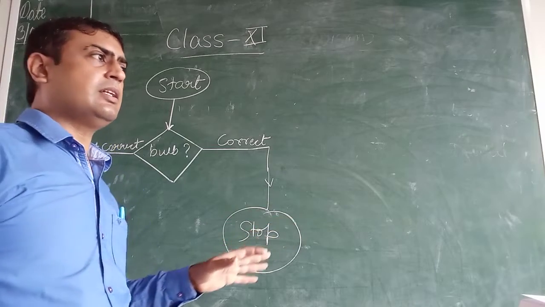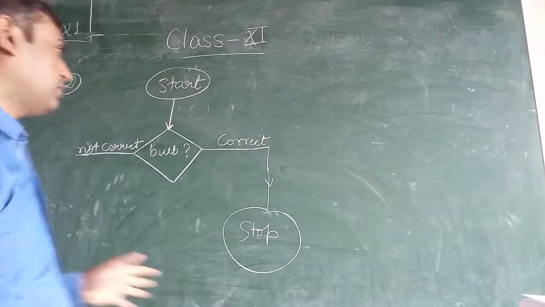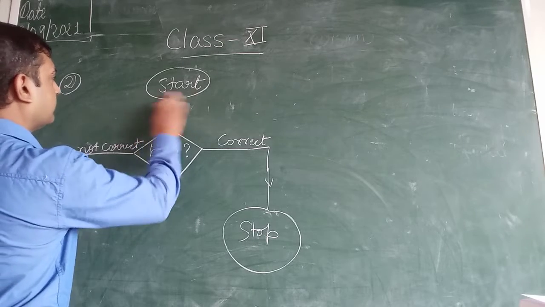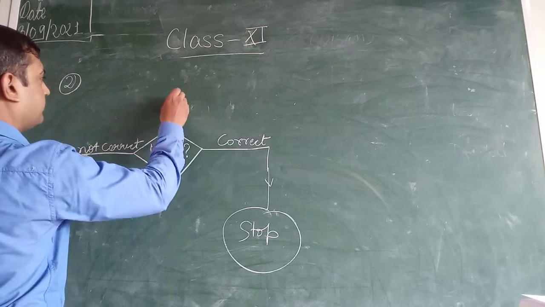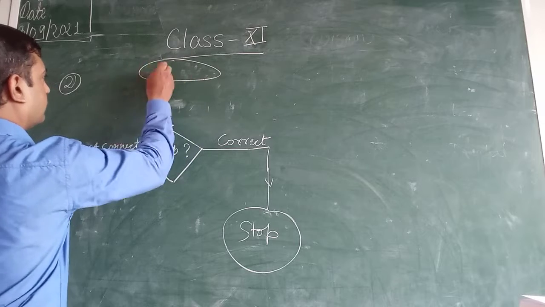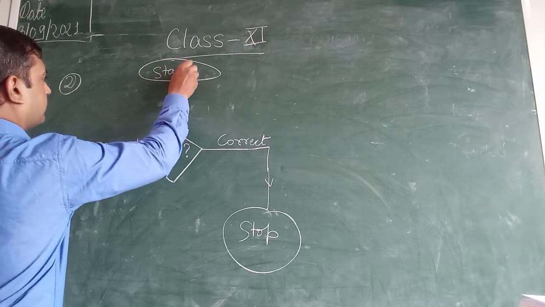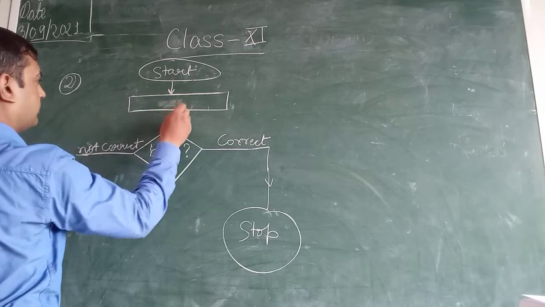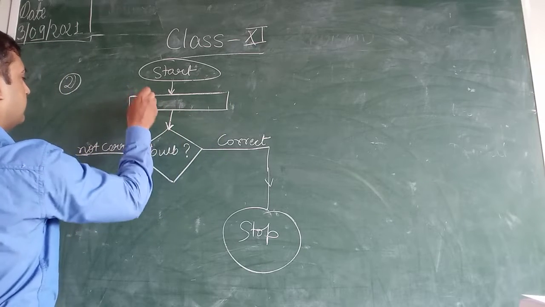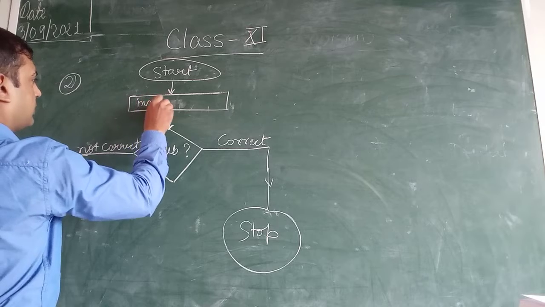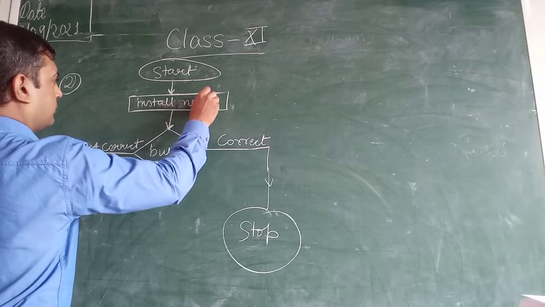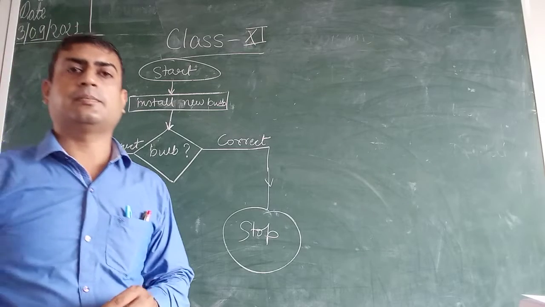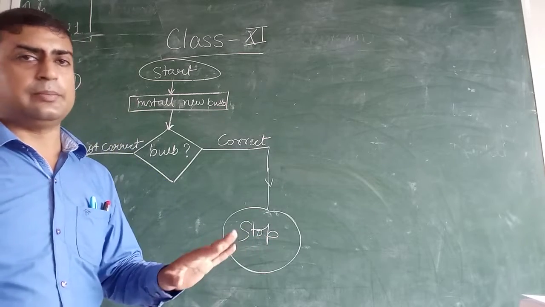If it is not correct, then what do you have to do? You have to change the bulb and check the bulb again. One more section you should add, the processing part, install new bulb.